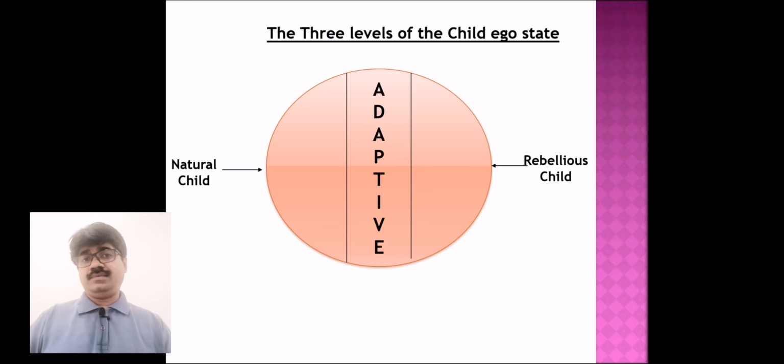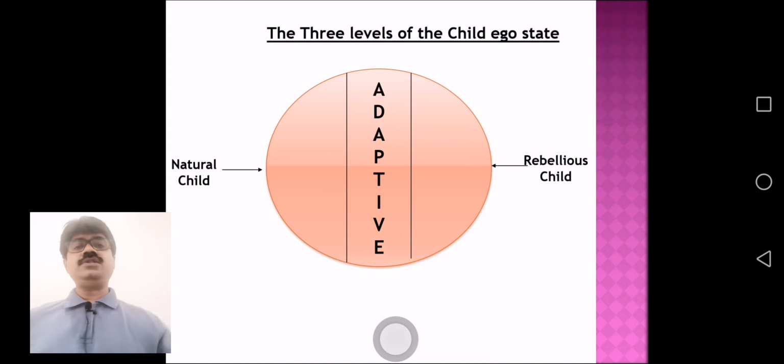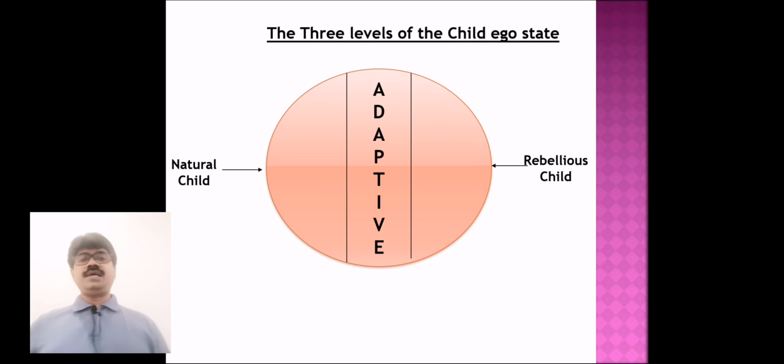My teacher has told me to do the homework, so let me finish my homework and then only I'll do anything else." There are some people who carry the same adaptive child ego into their adulthood. So you have a natural child, an adaptive child and a rebellious child.